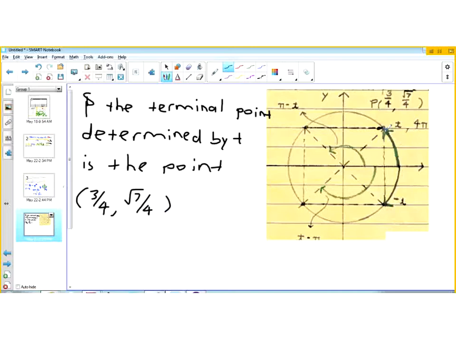All right, so it's right here, as shown in this illustration. And that is on the unit circle, of course.